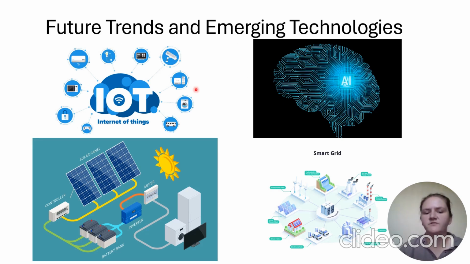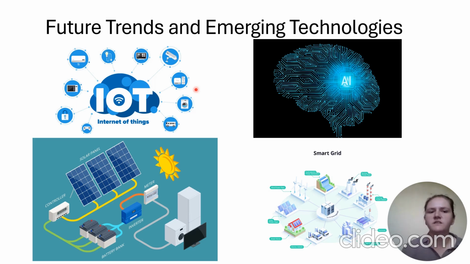IoT is one of the future trends because IoT enables decentralized measurements, and there are two systems. Edge computing, where the data will be processed in the device and then sent to the cloud, and the other system is cloud computing. There the device will just perform a measurement and send the raw data to the cloud where it will be processed.